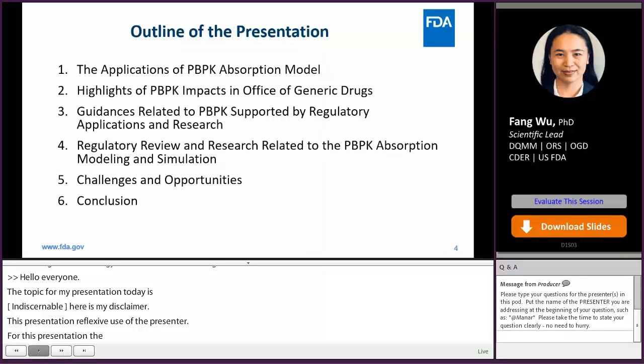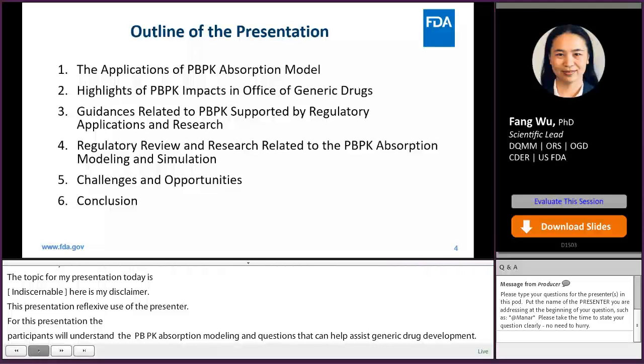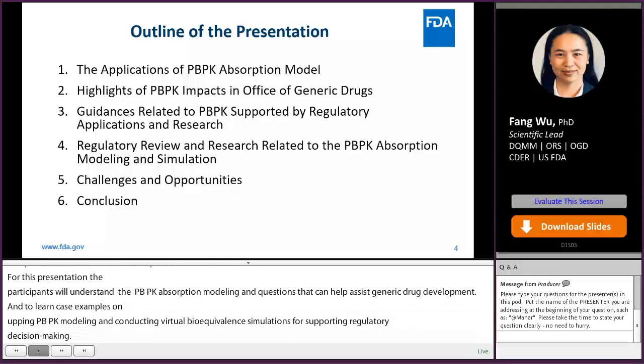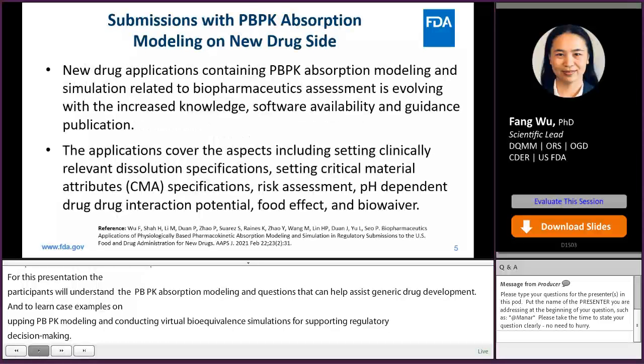In this presentation, we will first introduce the applications of PBPK absorption model and the highlights of PBPK impacts in Office of Generic Drugs. Then we will introduce the guidances related to PBPK, followed by recent regulatory review and research examples. Lastly, we will talk about the challenges and opportunities related to PBPK absorption models.